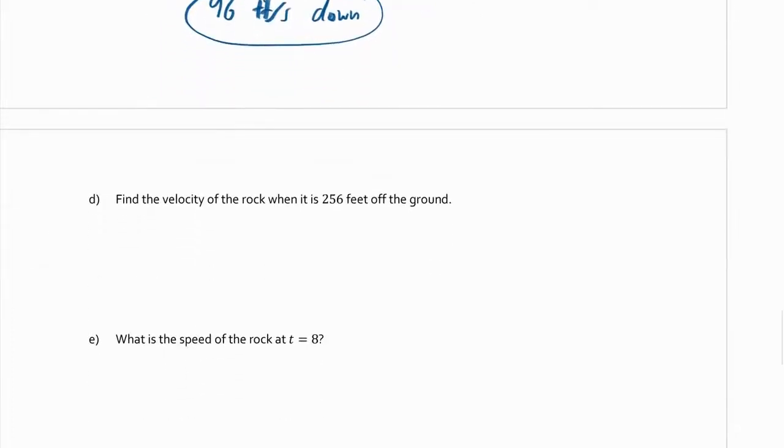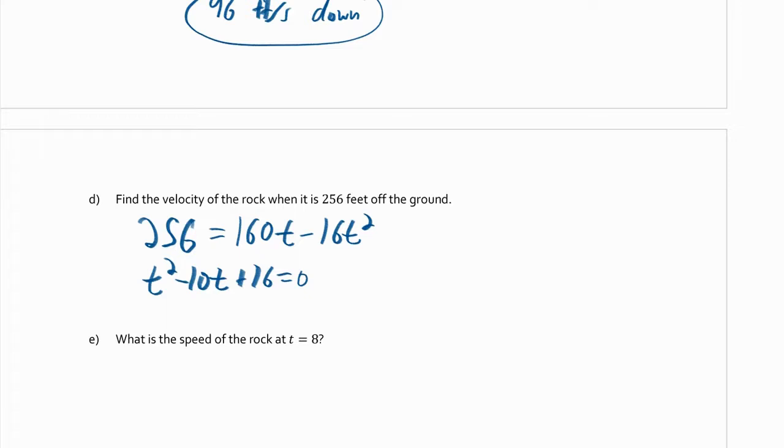Then it wants the velocity when it is 256 feet off the ground. So we need to figure out what its time is. So I'm going to plug in 256 and set that equal to the original function, 160t minus 16t squared. And if I divide both sides by 16 and move everything to the left, I'm going to get t squared minus 10t plus 16 equals 0.